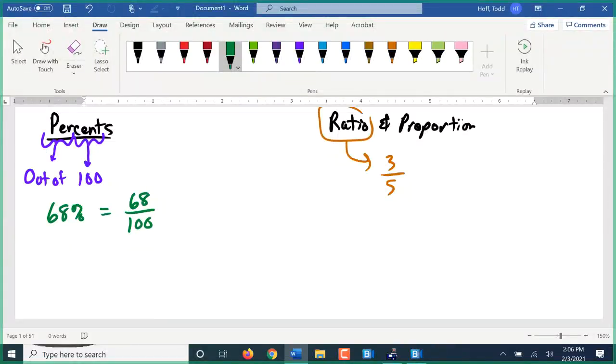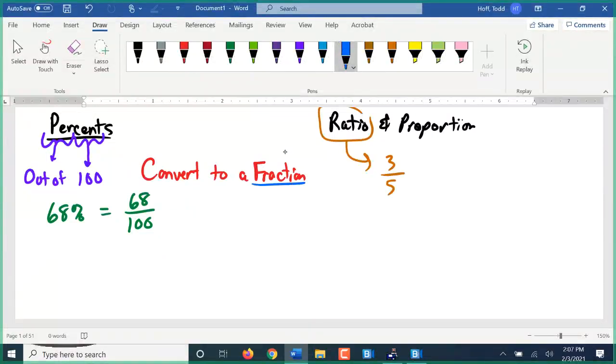Now, one of the things we need to be able to do with our percents is to convert them from one form to another. One of the things we might be asked to do is to convert to a fraction. That's the phraseology, the wording that is typically used, even though it's not really a fraction.